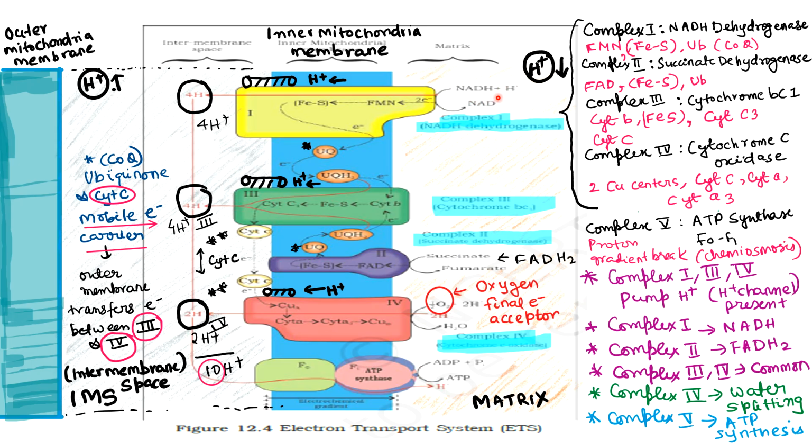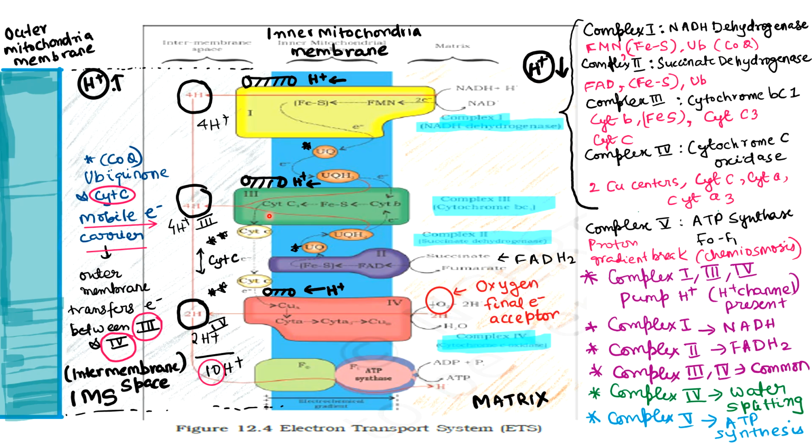So NADH will have a tendency to give its electrons to FMN. Why? Because FMN has a tendency to accept the electrons. It accepts the electrons and transfers them to FeS, which is further transferred to ubiquinone or coenzyme Q. Now this ubiquinone is mobile, and it can get reduced to coenzyme QH2, and it passes the electrons to complex 3.